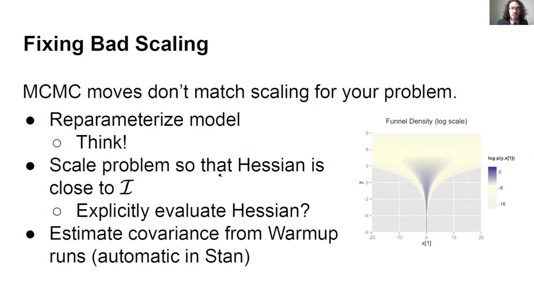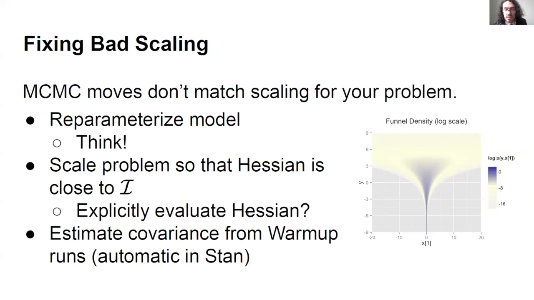Similarly, if you have access to the Hessian of your model, you should consider rescaling your problem so that the Hessian around your maximum likelihood mode or around your minima is close to the identity. If you can explicitly evaluate the Hessian, this is great, and tools such as Stan, I think, will allow you to plug in your second derivatives and use this information automatically.